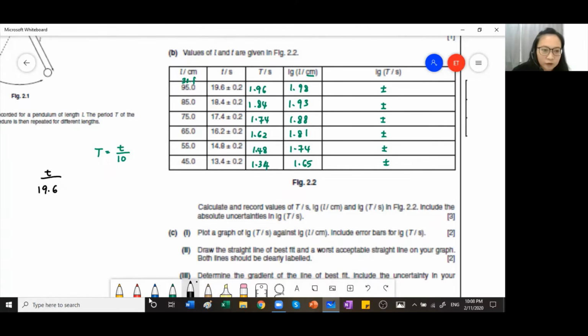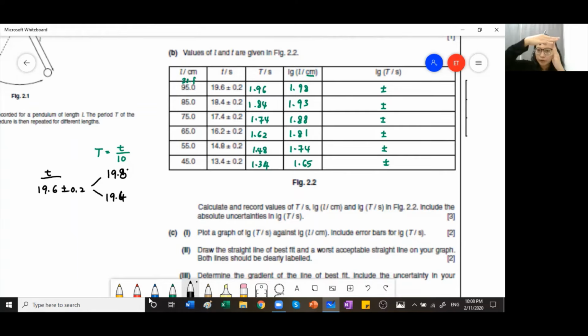This is my t value, 19.6 plus minus 0.2. It means that 19.6 is the average value of t that spreads out between the two extreme values, which are 19.8, you just plus 0.2, and 19.4, you just minus 0.2 here.